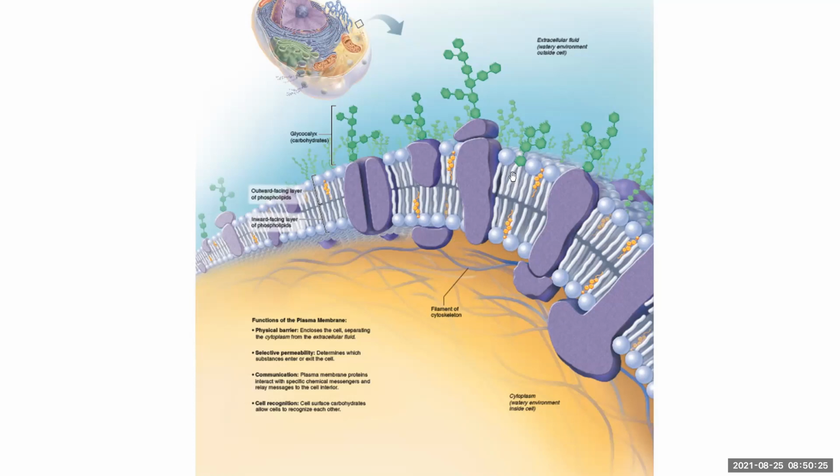So the cell has to be able to maintain its water balance, and it does this through processes called diffusion, osmosis, and filtration. I just mention them here. We're not going to get into it in depth because that's more physiology, but these are the processes the cell uses to maintain water balance as things leak across.